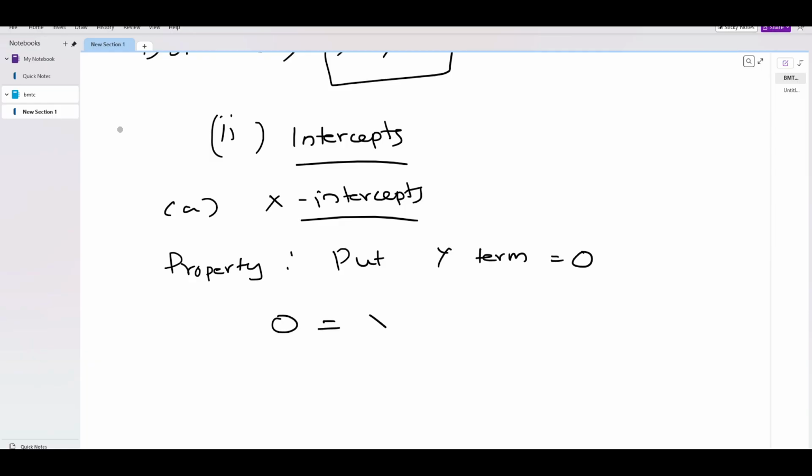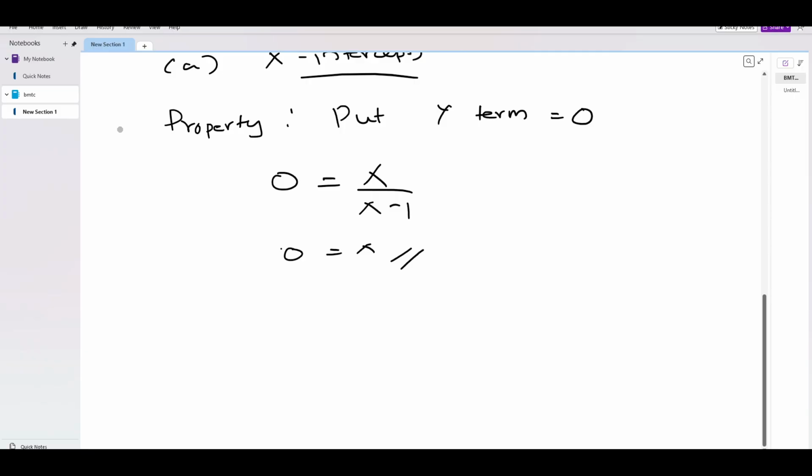So 0 is equal to x by x minus 1, so x will become 0. So the x intercept is 0.